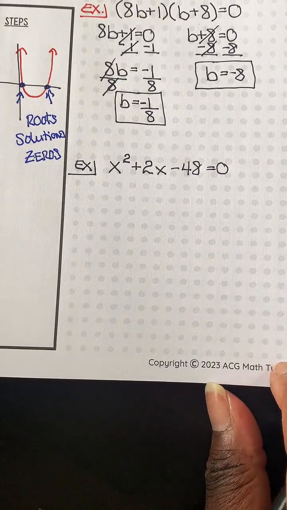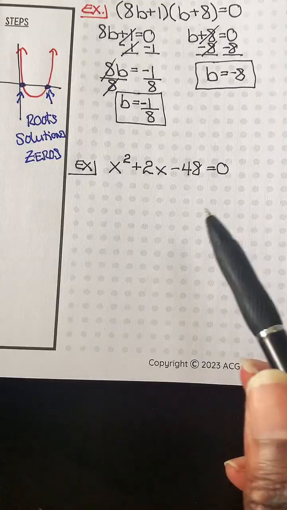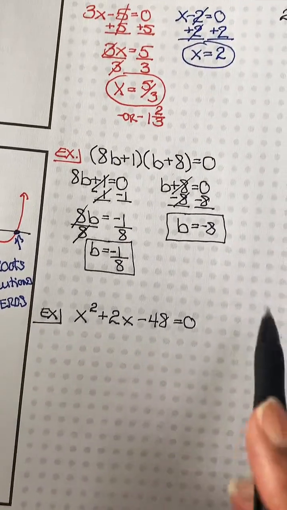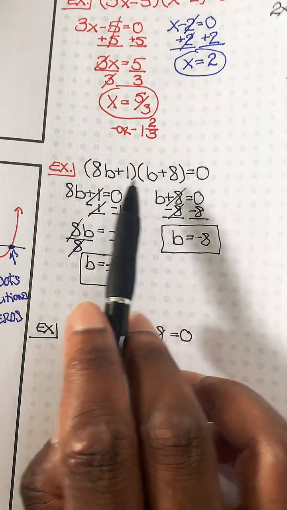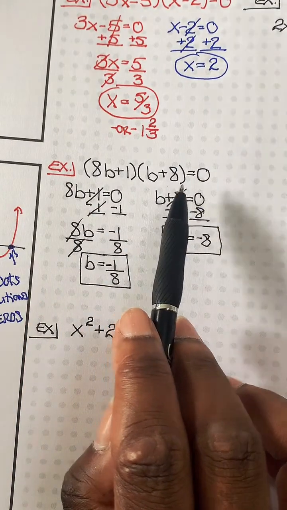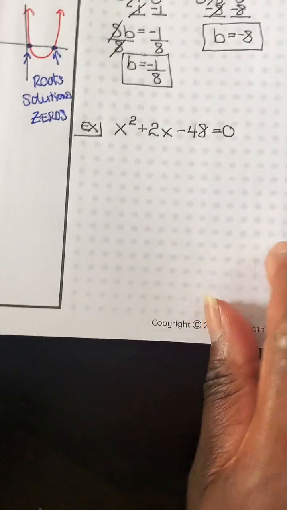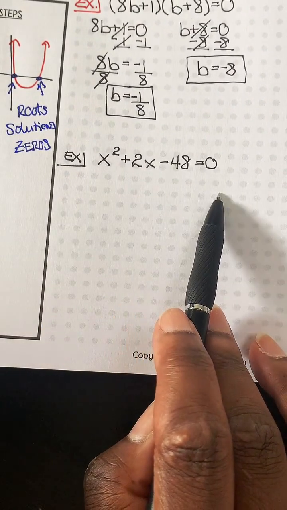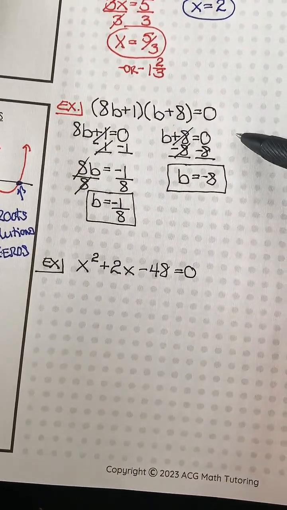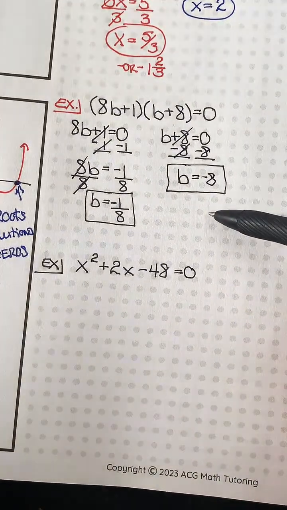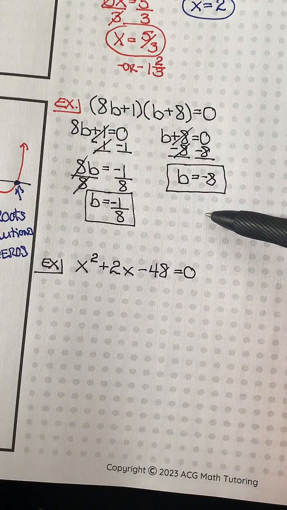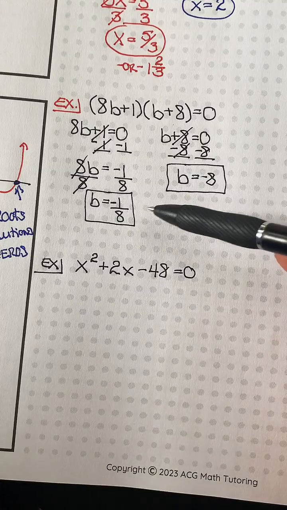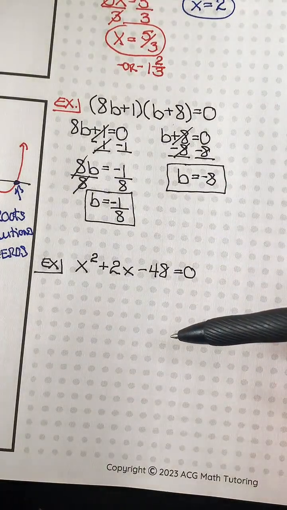What we're going to do is carry over the whole thing called factoring. The ones that we had up here are already factored. So now we need to factor these to set them equal to 0 in order for us to do what's called the zero product property. Basically setting each of the two parentheses equal to 0.